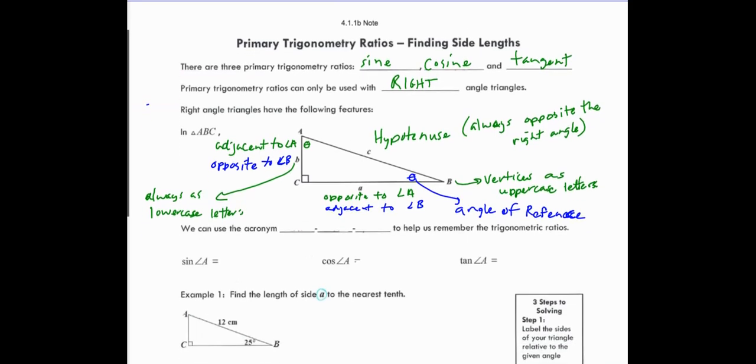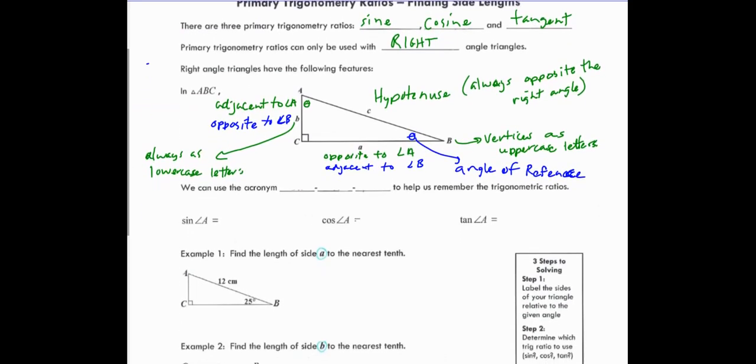Now you might remember that there was an acronym that helped us with remembering this. The acronym was SOH, CAH, TOA.